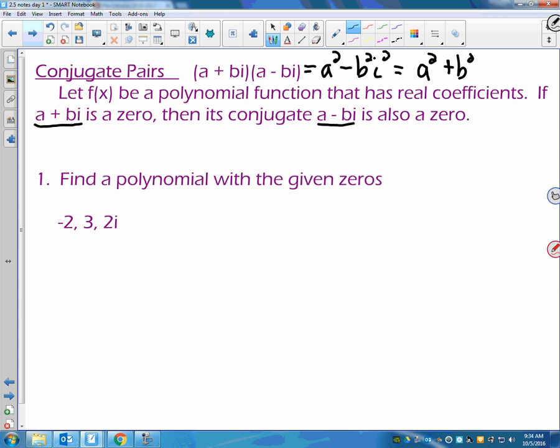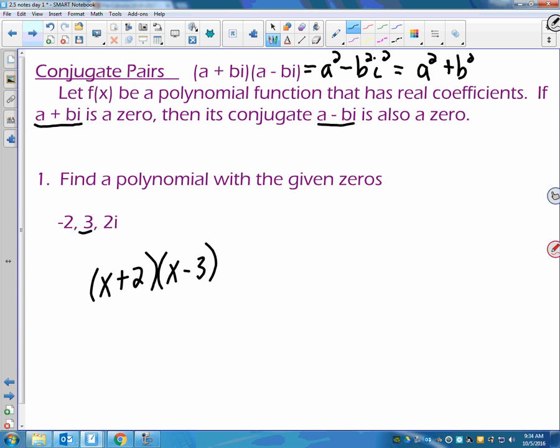So, hey, does this look familiar to the question on the test that you just took, the very last question on the test? Yes, it does. Except it's an imaginary zero, but it says find a polynomial with the given zeros. So if negative 2 is a zero, what is the factor? If 3 is a zero, what is the factor?